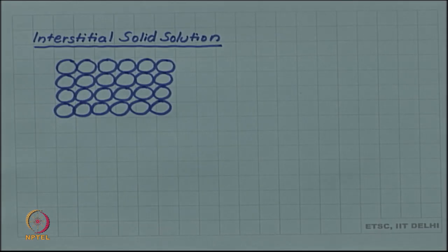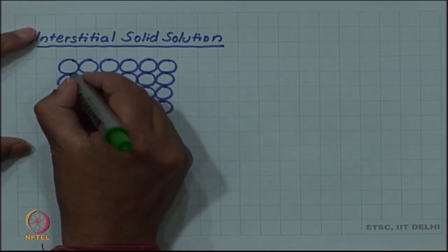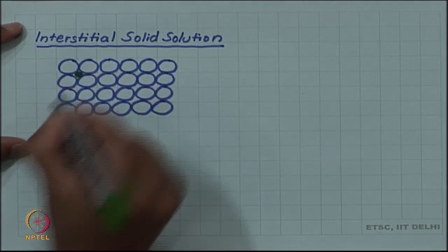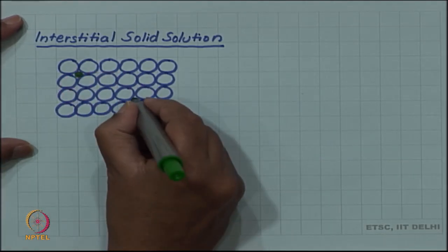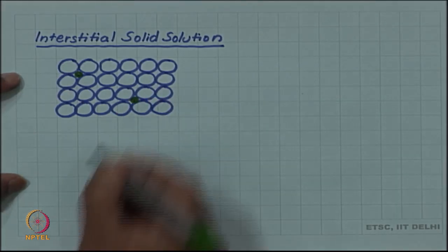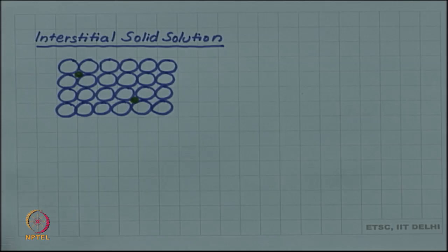We can see that in this crystal structure there are many voids, and a solute atom can be located in one of these voids. There is one solute atom located there, another solute atom located here.